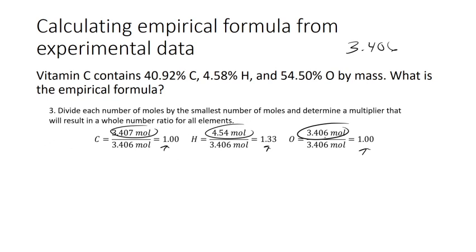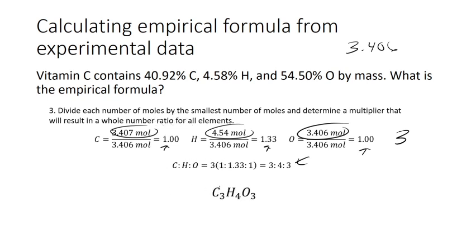Hopefully all of you can see that 3 is going to be that number. And when we multiply through by 3, we get 3 times 1, which is 3, 3 times 1.33, which rounds up to 4, and 3 times 1, which is 3. And these numbers here are going to be our subscripts in our molecular formula.